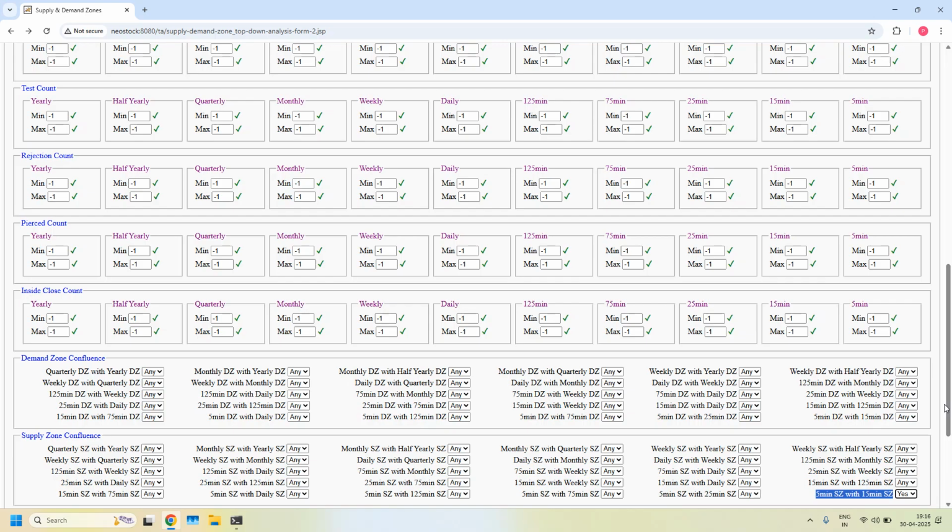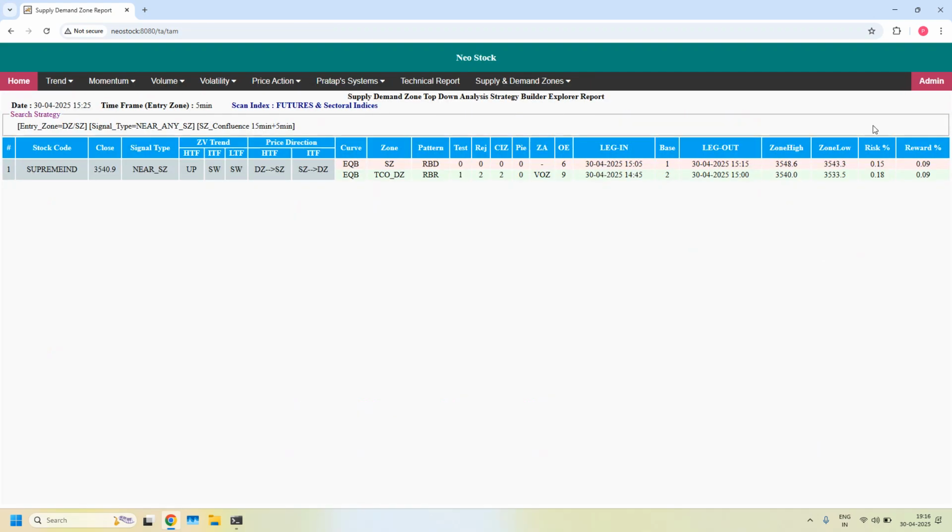So I am enabling the filter. With this filter, we got only 1 stock. This 5 minute supply zone overlapped with 15 minute supply zone. But RR is very bad. RR is not good. Okay, this is about stocks near demand and supply zones.